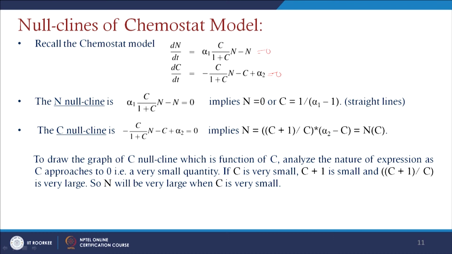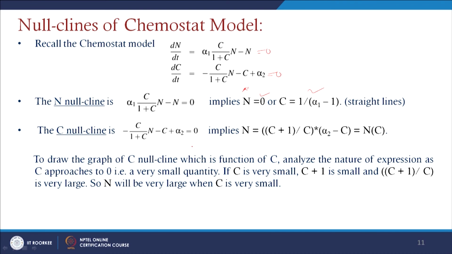If you put n dash equals to 0 and c dash equals to 0, you can find that alpha 1 into c by 1 plus c n minus n equals to 0, which provides one value as n equals to 0 here, and another value, that is c equals to 1 by alpha 1 minus 1. So, both are straight lines. And if you see this c nullline, then we can find that this cannot be separated out here.